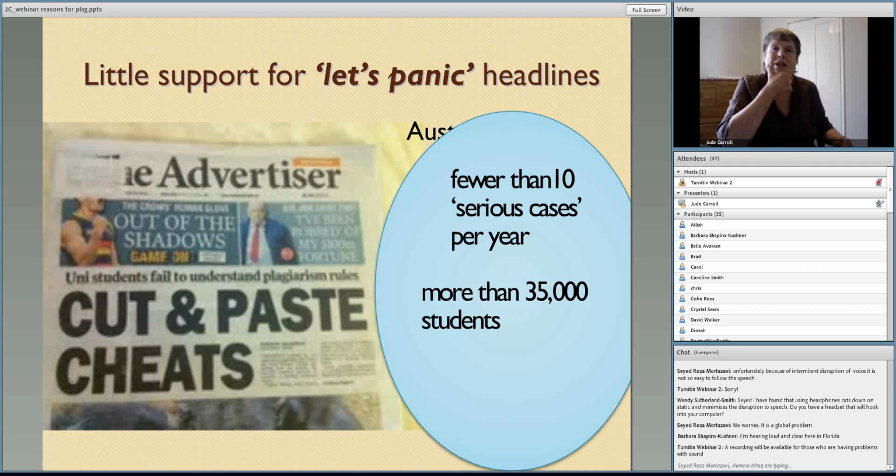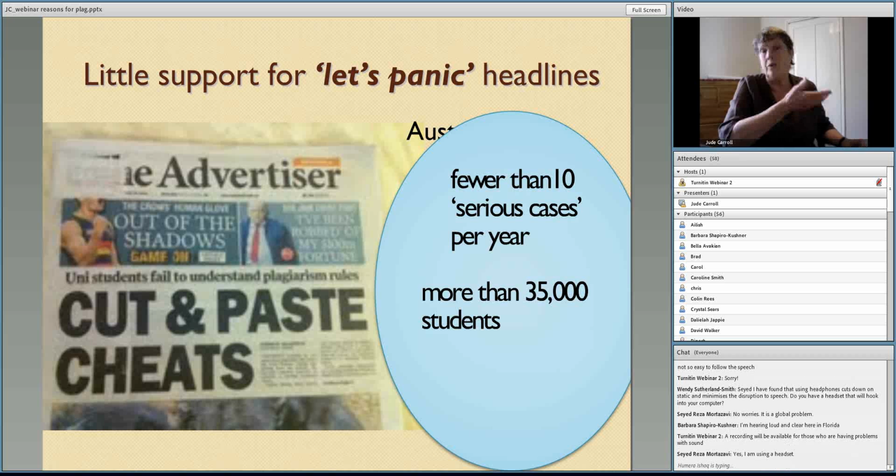But even if it is out by a factor of 10 or even 100, it's important to really remember that with 35,000 students doing 10, 15 coursework assignments a year, the number of serious cases would appear, in this particular instance, to be small. This is a university that I know well, and I know manages plagiarism cases very competently and has been doing so for a long time.